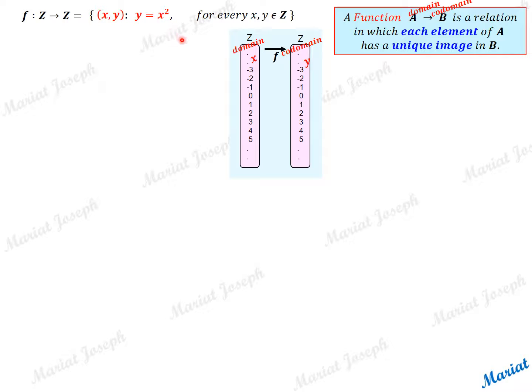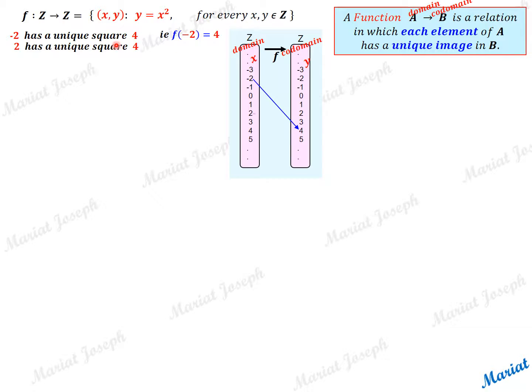Now, let us see whether this relation is a function. Here, -2 has a unique square 4. That is, image of -2 is 4. Or we can say f of -2 is 4.